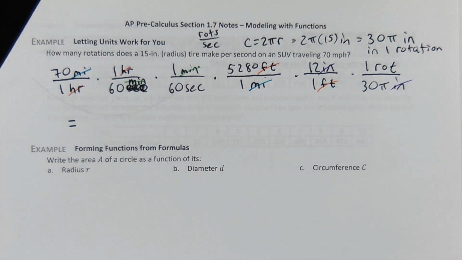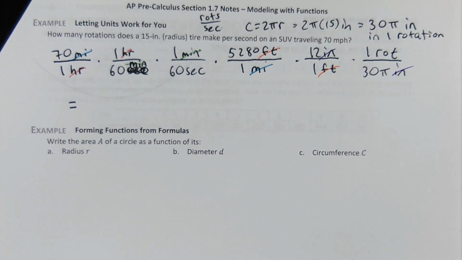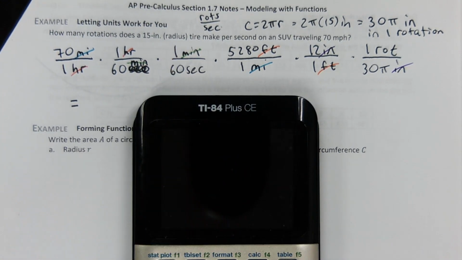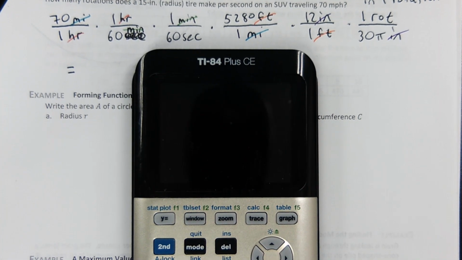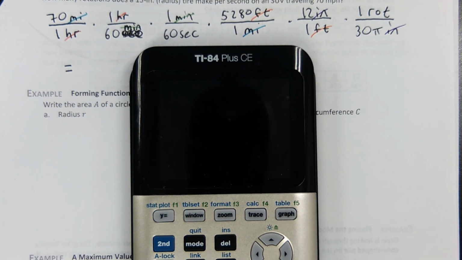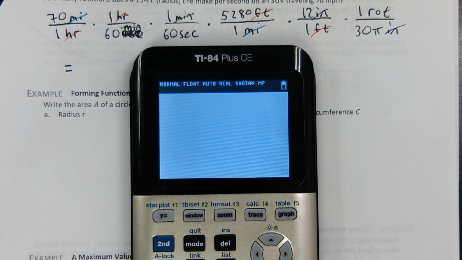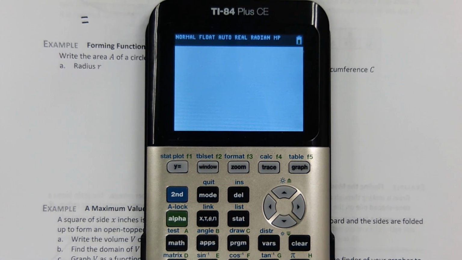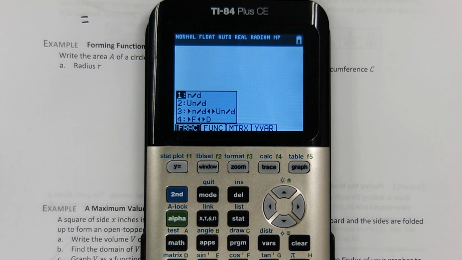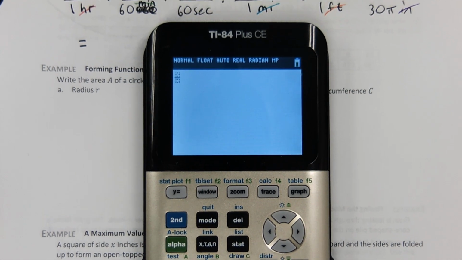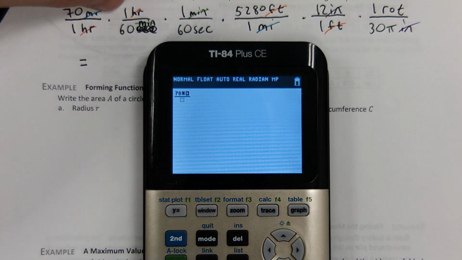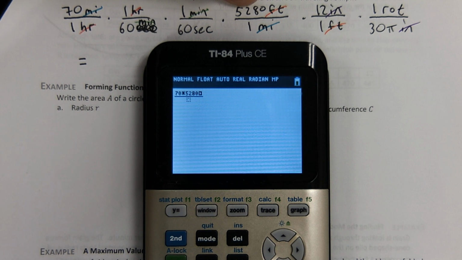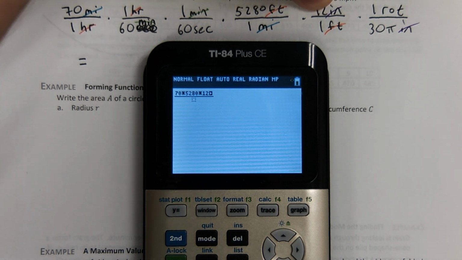Congratulations, you've done it. Here's how we're going to get the answer, though. We're going to grab our graphing calculator, because our graphing calculator has the ability to do stacked fractions. Stacked fraction shortcut is alpha, y equals, and then we hit enter. So on the top, I'm going to type 70 times 5280 times 12.